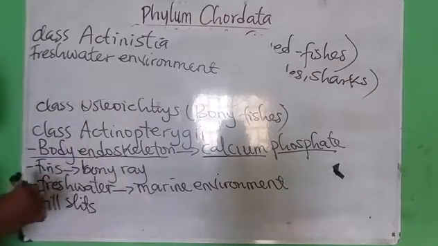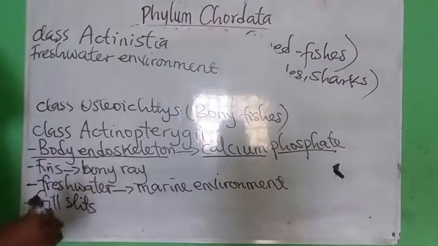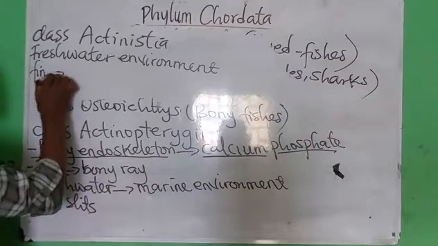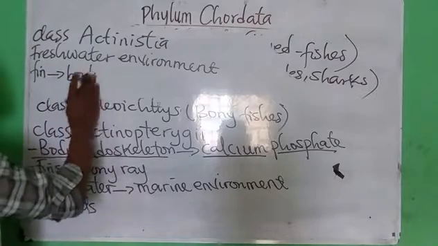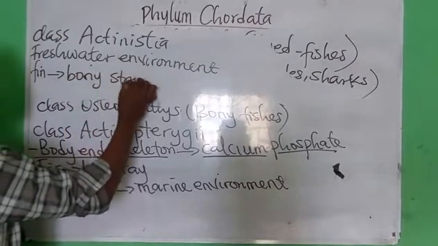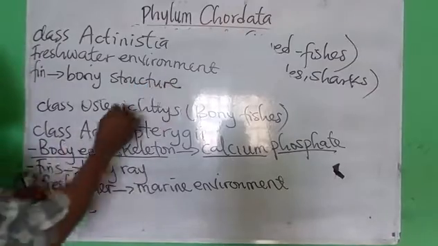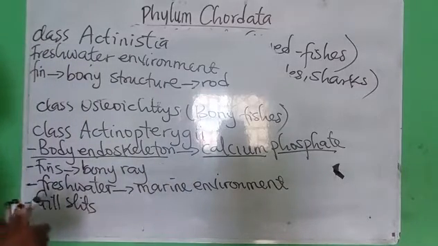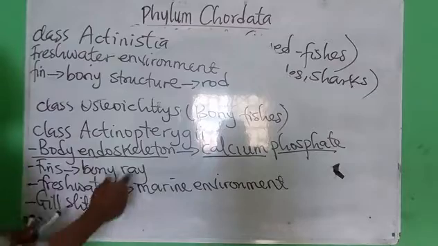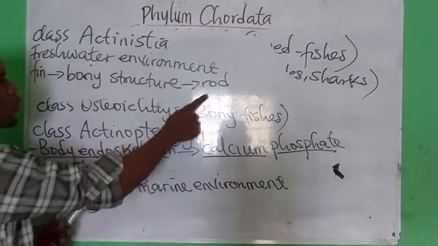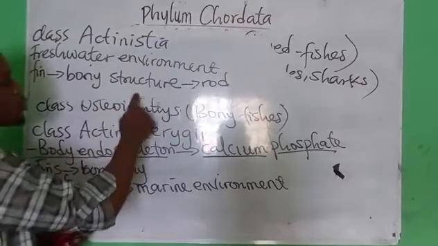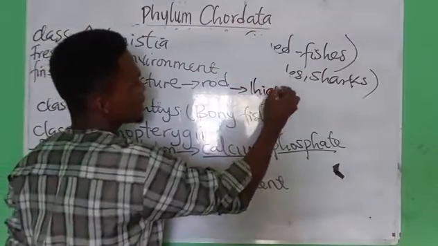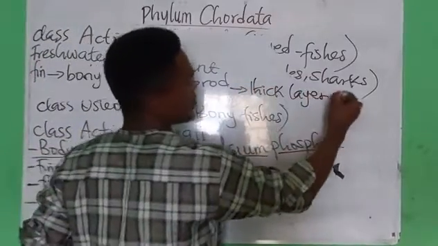Now this class houses members whose fins are surrounded by a bony structure, and this bony structure is actually rod-like. The fins are supported by a bony rod structure, which is surrounded by a thick layer of muscles.